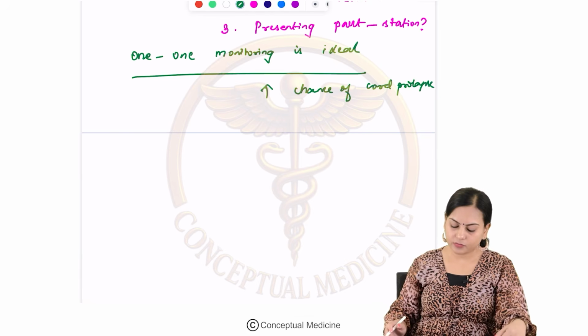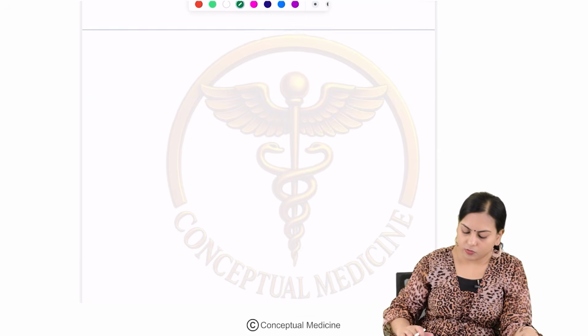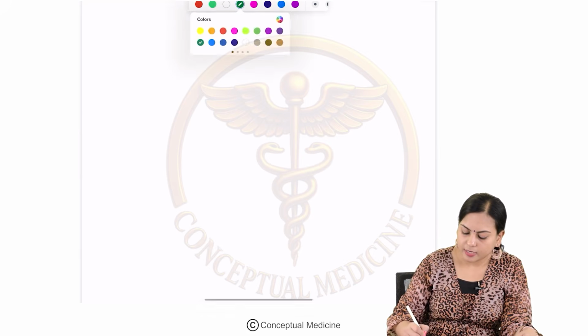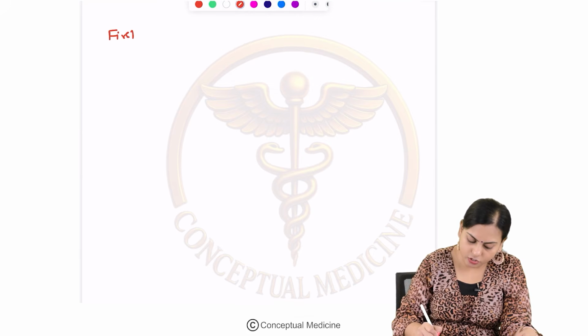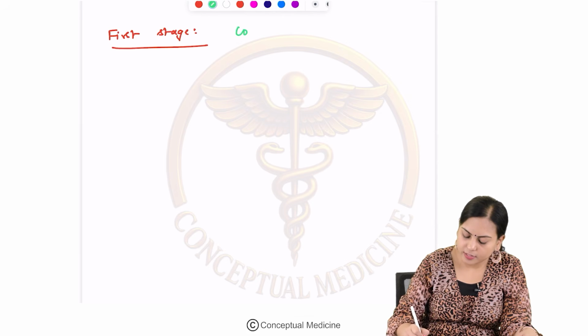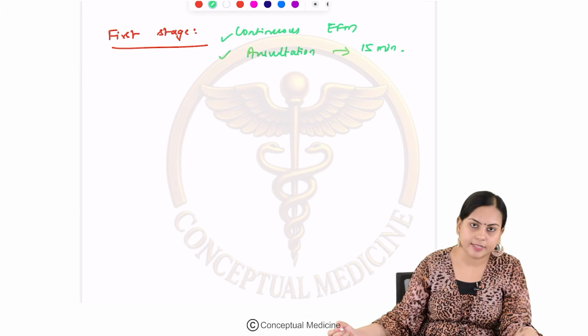Clear? Right. Now, what will be doing in various stages of labor? So, in first stage, we have to do continuous electronic fetal monitoring and auscultation of fetal heart rate should be done every 15 minutes at least.